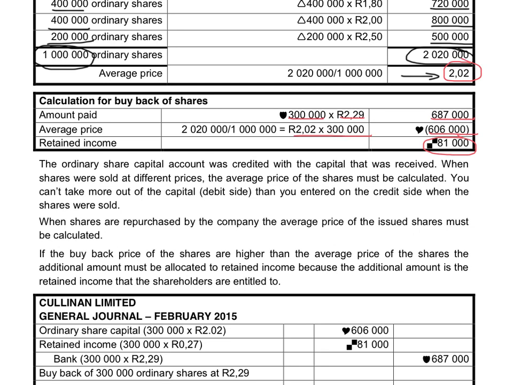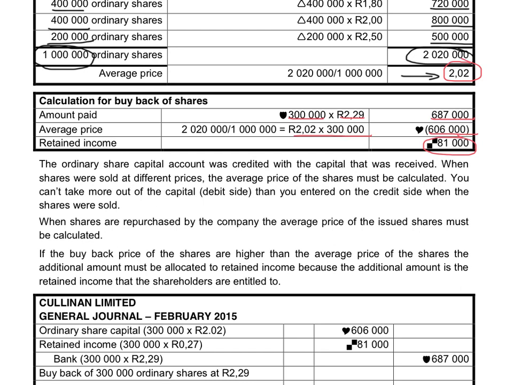So this 81,000 will be taken from the retained earnings, so that we can show that some of the profit that was retained in previous years will be used to pay out to the shareholders. The ordinary share capital account was credited every time we received money, so if we pay back money, we will debit the capital account.